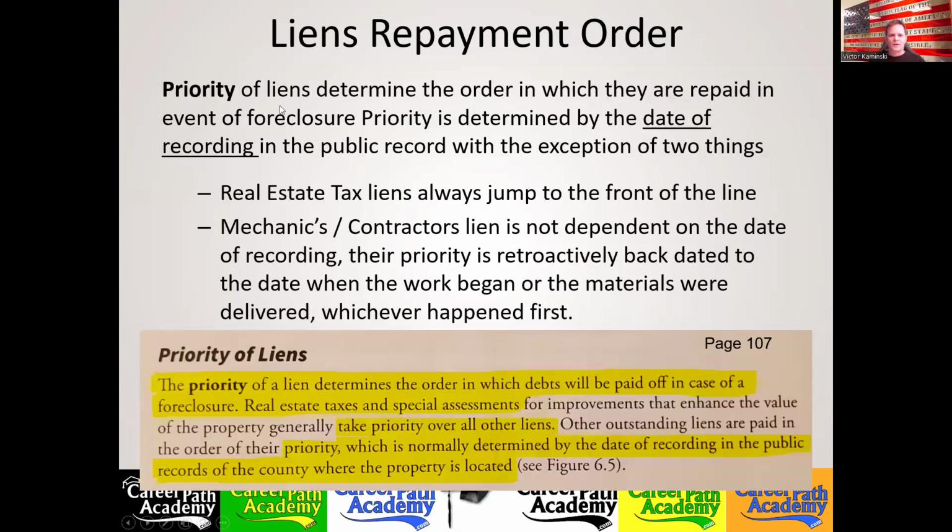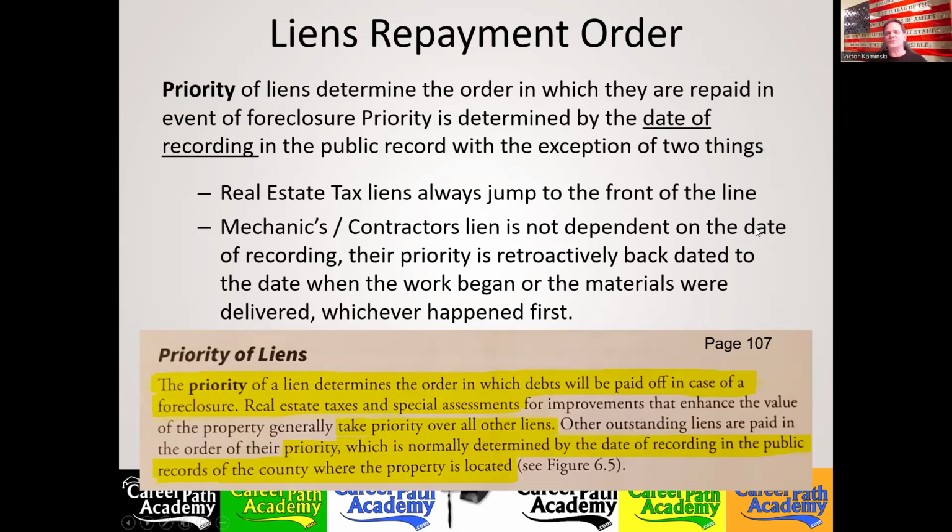So, what establishes the priority of liens? Which liens get paid back first in the grand scheme of things? If there's a bunch of liens on the property, what lien gets paid back first? Well, taxes always jump to the head of the line.